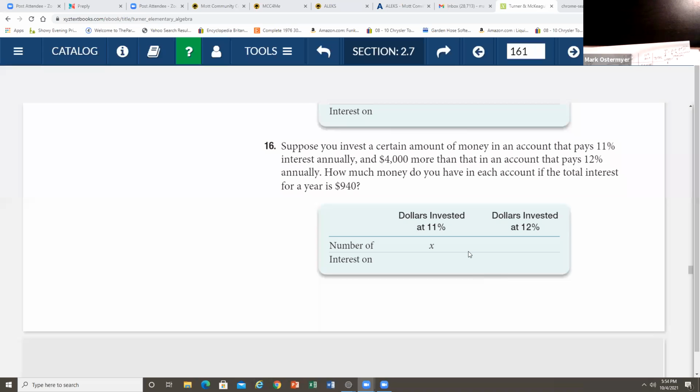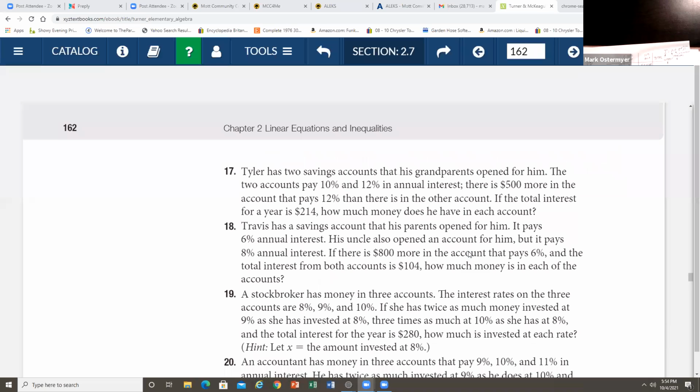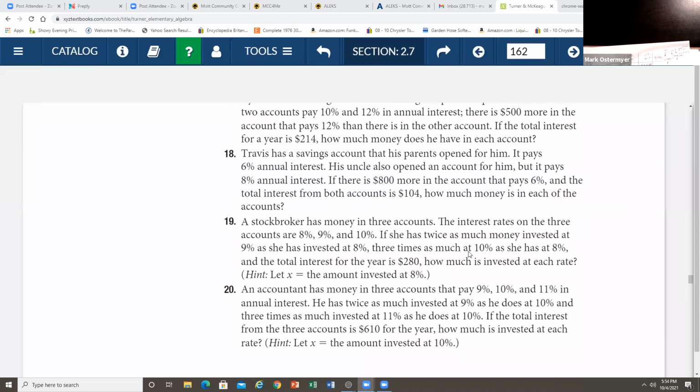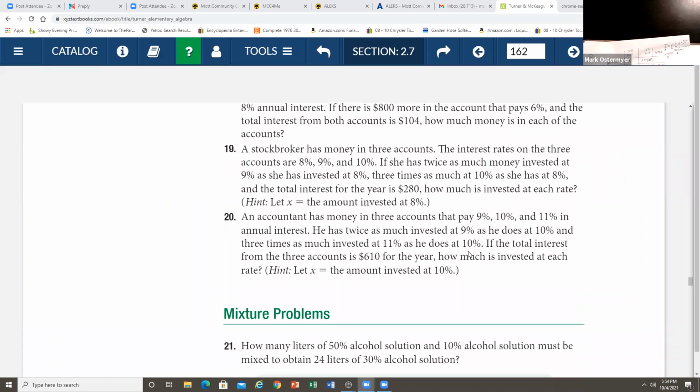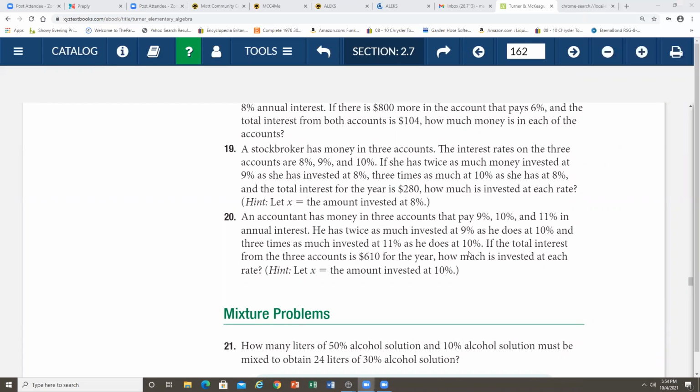Let's go down here. Let's see here. Let's put the first class work up for a second. Wait a minute, first class work.